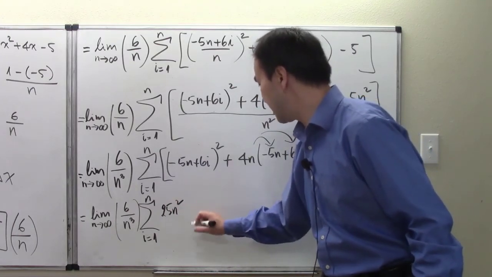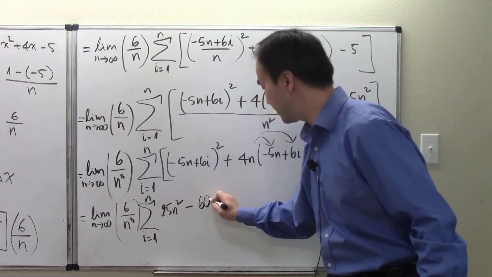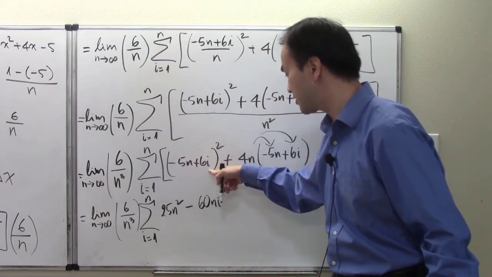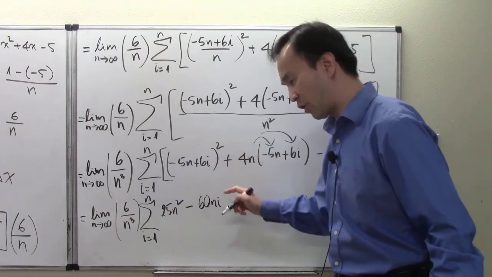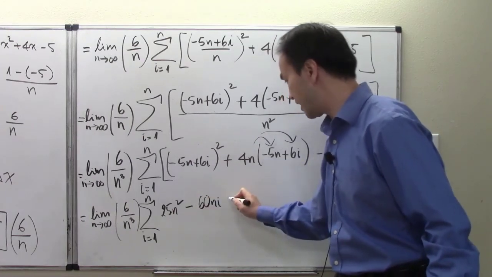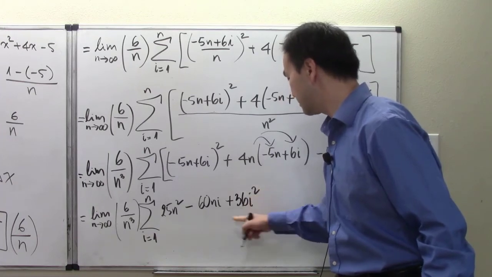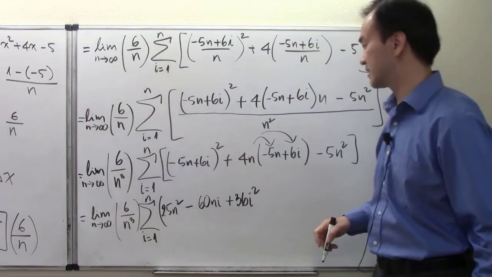And then it's going to be a minus 60ni. I simply think of that as minus 5n plus 6i times another exact factor like that, and then FOIL out. That's what I end up with. And then plus 36i squared. So that's what I get after successfully FOILing out that square.